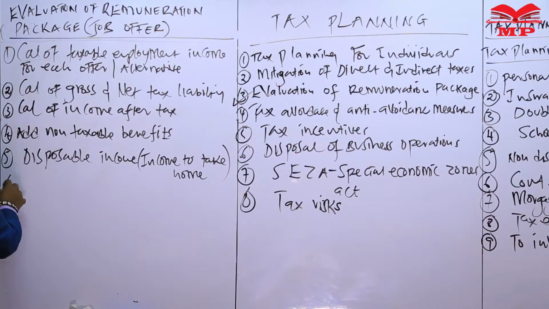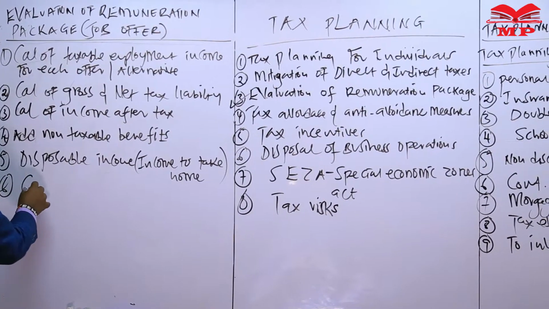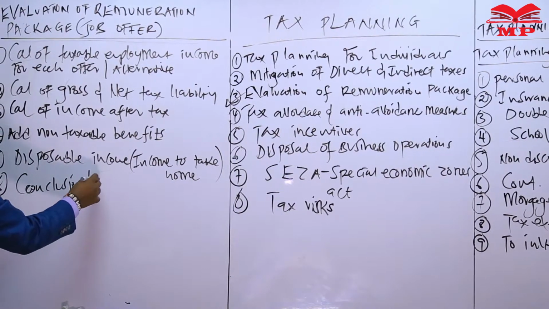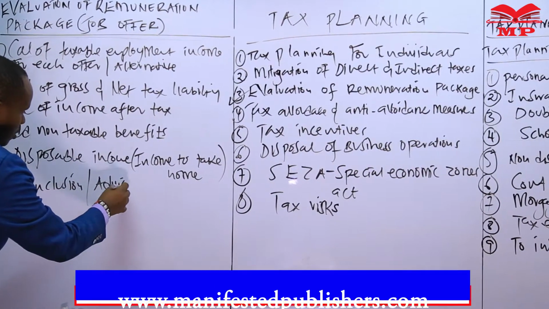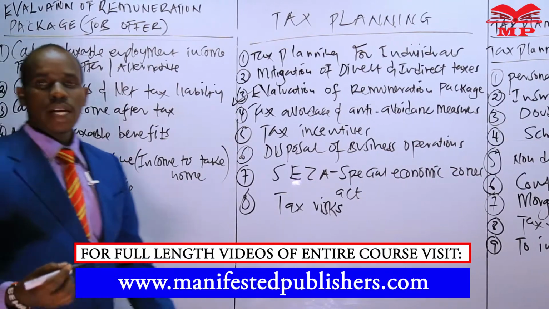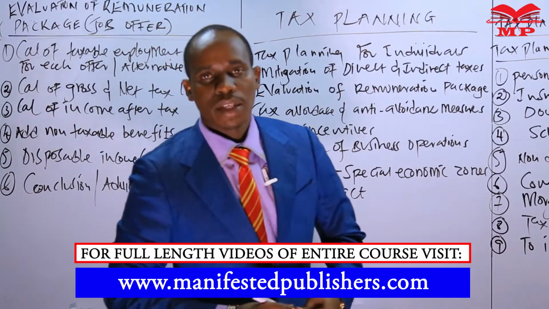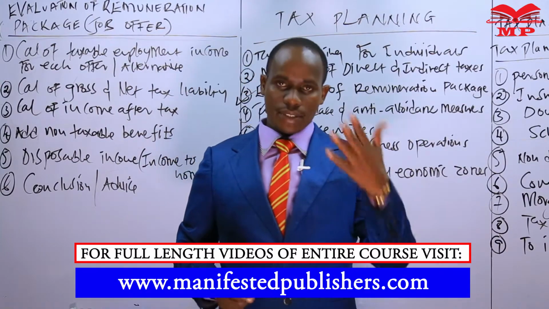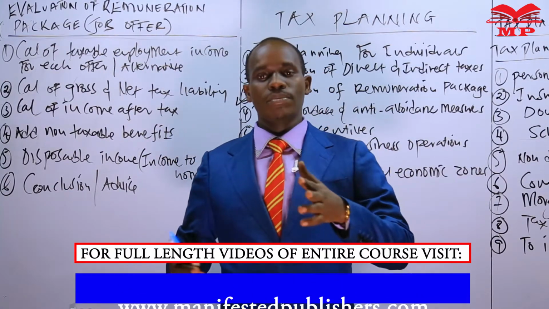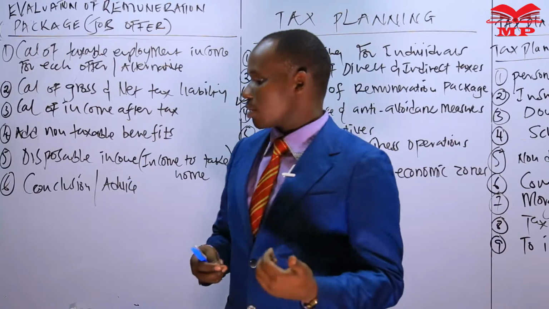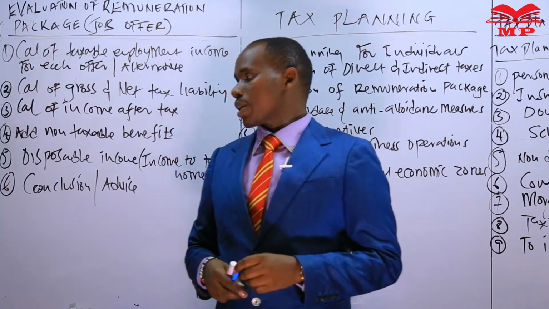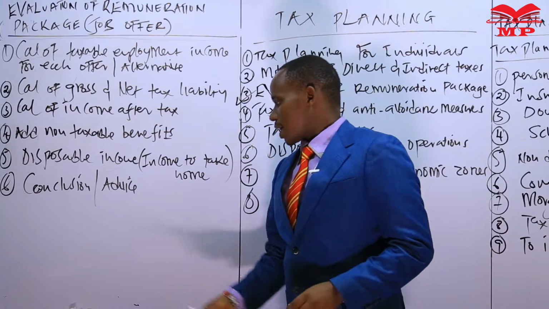So number 6 will be conclusion or advice. In other words, you advise that particular client on which job offer to accept, or you advise him to accept the offer but consider certain alternatives. So this will be the last step.